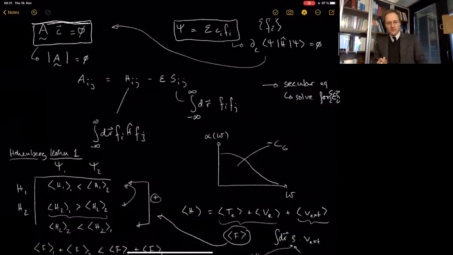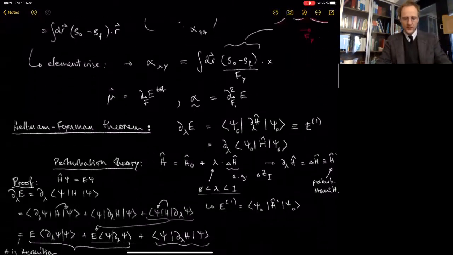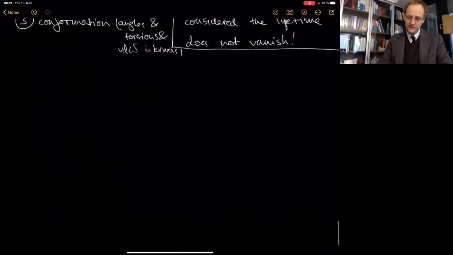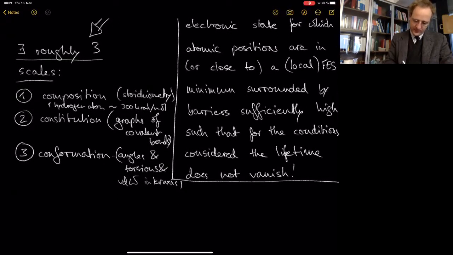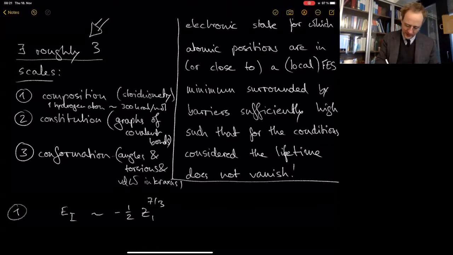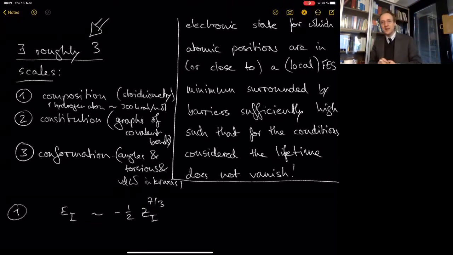Now, let's go to 1. So we know the energy of an atom roughly scales as -1/2 Z to the 7/3, where Z is the nuclear charge of that atom. So it's more than quadratic.